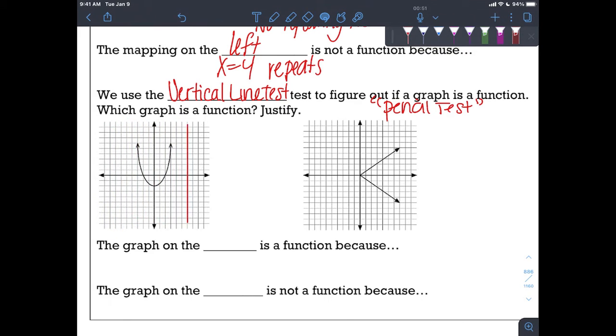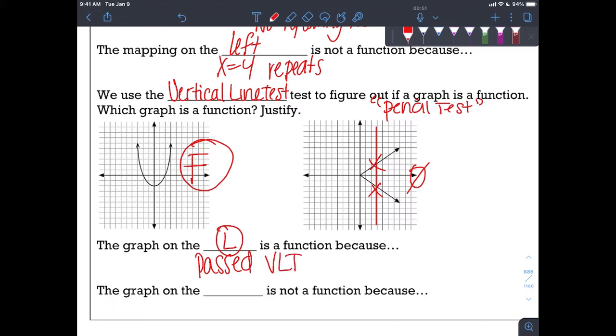You're looking to see if it will ever touch more than one time. It does not. Therefore, function. And I'm going to do the same thing over here. And look at that. It touches twice lots of times. Not a function. So the graph on the left is a function because it passed my vertical line test. However, the one on the right is not a function because it failed my vertical line test.